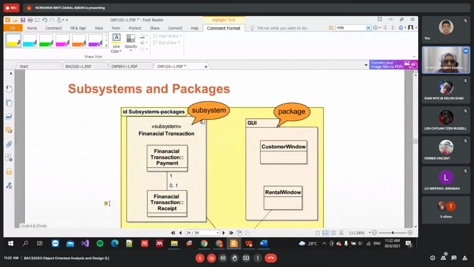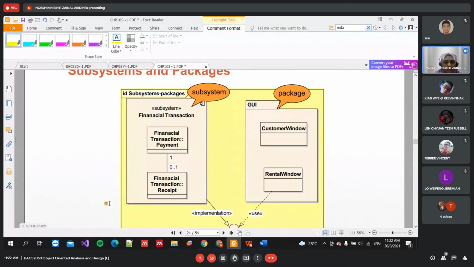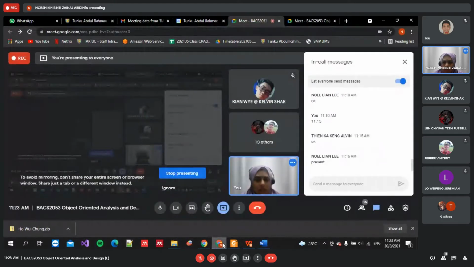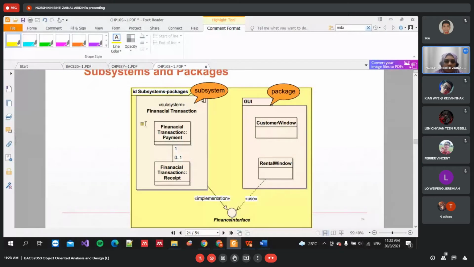So this one is the package, as you can see here. Okay, subsystem and package. We have two diagrams here. This one is the subsystem. This one is our package. This one is for financial transaction.